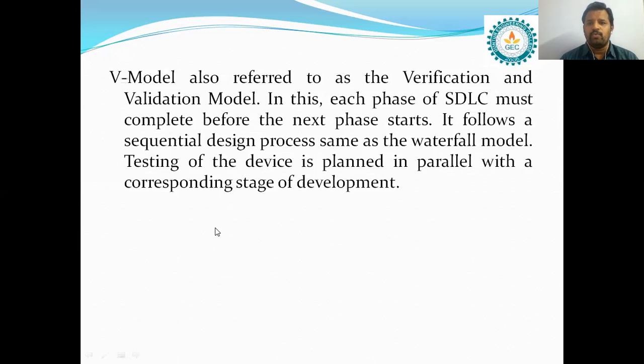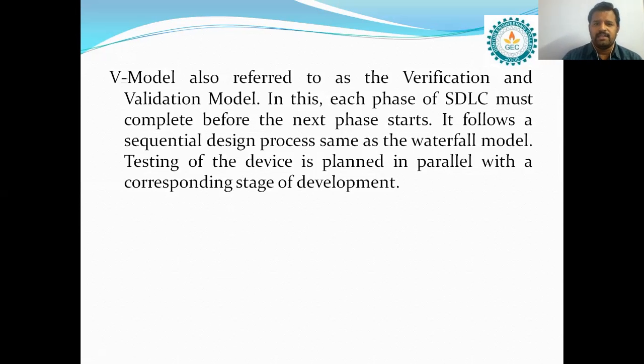Verification means we have to verify each and every step, and validation is nothing but assessment. In this model, we can verify the things and we can assess the things. That's why we call it both the verification and validation model.